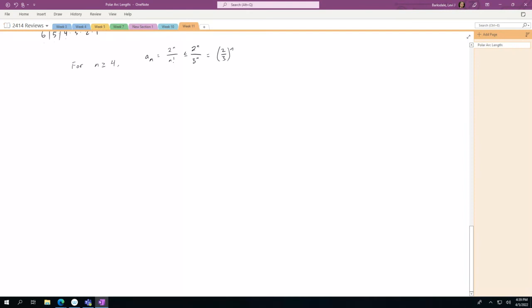We do have a couple of different terminologies for sequences. We say that a sequence is increasing if each term is bigger than or equal to the one that came before it.